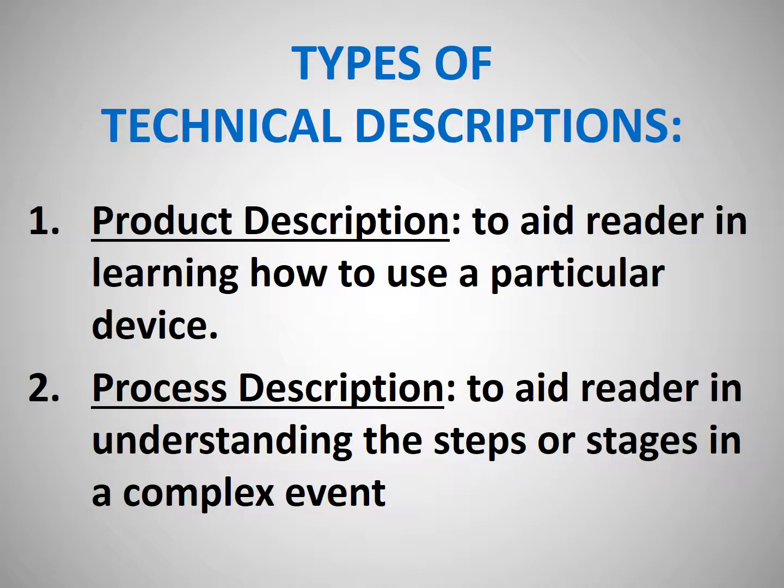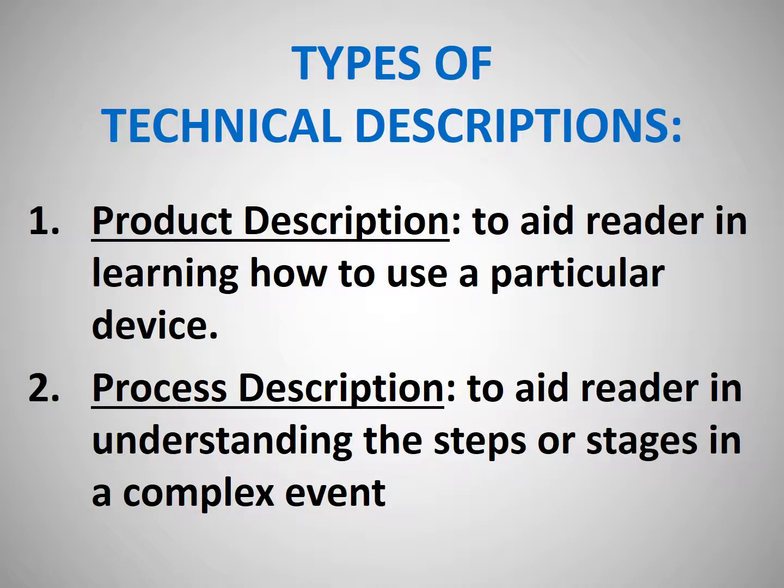So as I said, what we're talking about here are two different kinds, closely related, but different kinds of descriptions. We're talking about the description of a product, of a thing, to aid the reader in learning how to use that product, that thing, that device. Right? So again, there's your goal. Picture it so well that your reader can use the thing that you're picturing. Right?